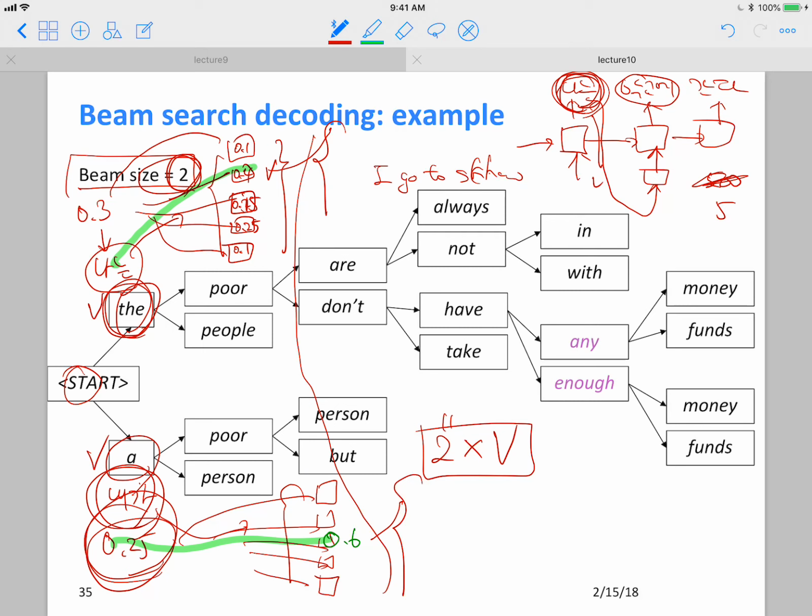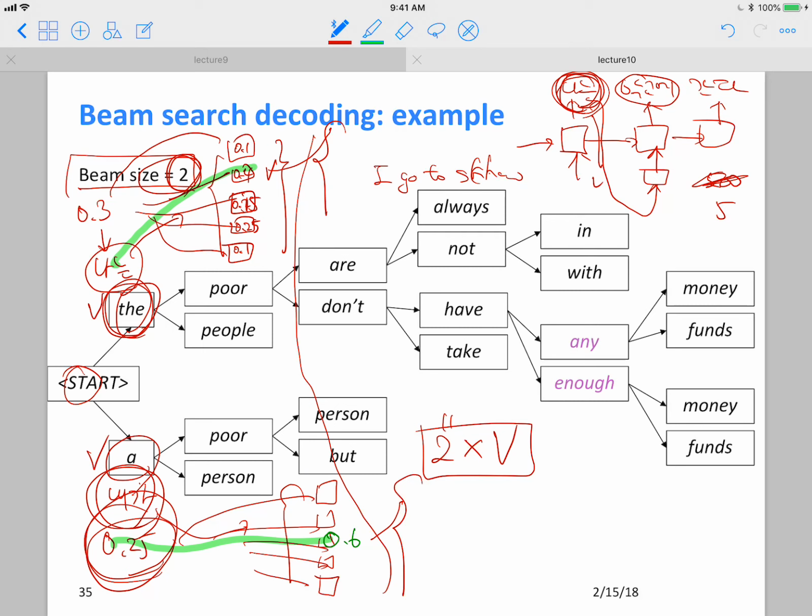Sometimes the 2 can be found in the same branch, or still in different branches. And then we do this over and over until we generate the end of sentence token and things like that.